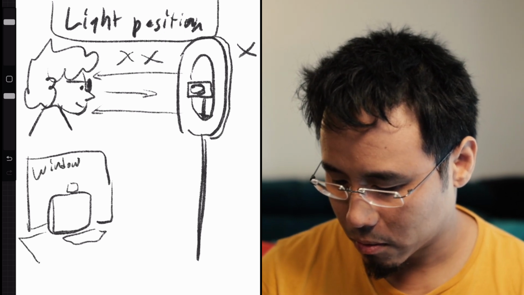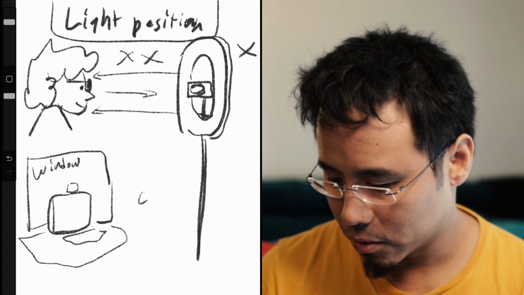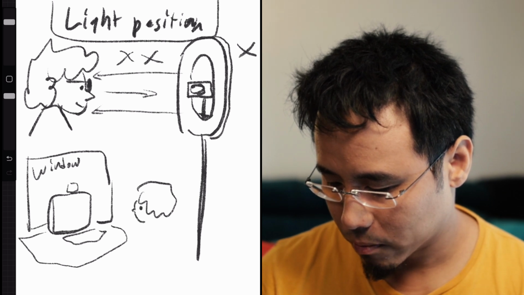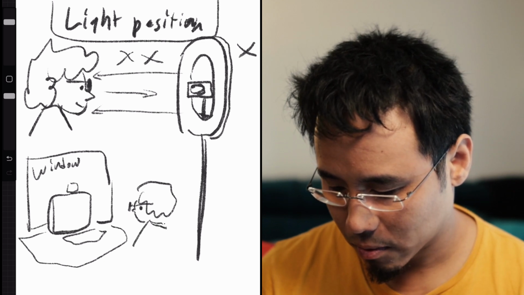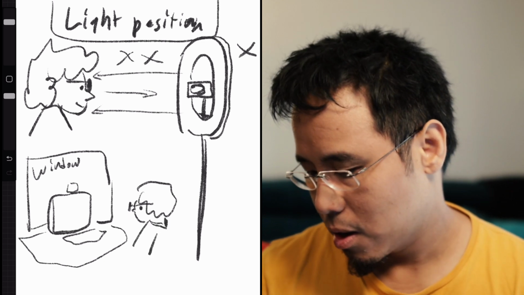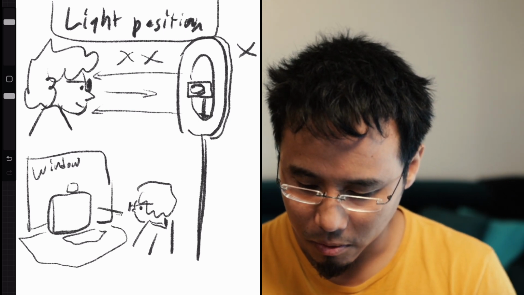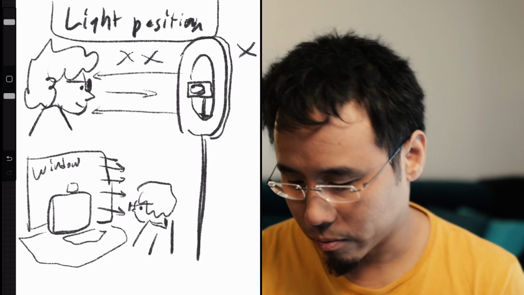Window over here, table, and this is you. Let's just say this is you or me, whoever, right? With glasses, of course, because we're talking about glasses. And the thing is that the window light is coming from over here, like so. It's coming from all around your camera, all around from behind.